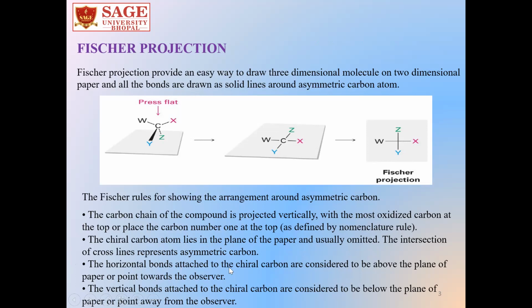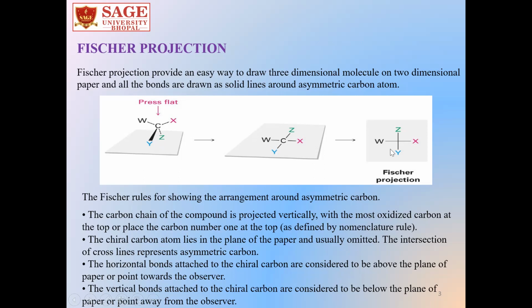The horizontal bonds attached to the chiral carbon are considered to be above the plane of paper or pointing towards the observer. So W and X. If this was the molecule and we are pressing it flat, we can see Y and Z come in the plane of paper with the carbon atom in the center, and these horizontal bonds W and X attached to the chiral atom are considered to be above the plane of the paper.